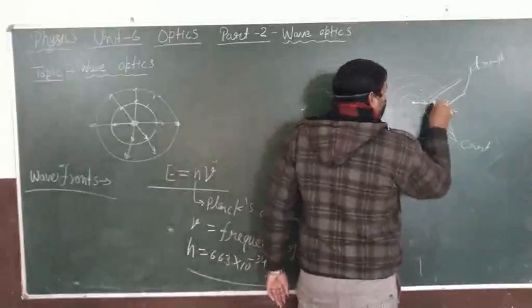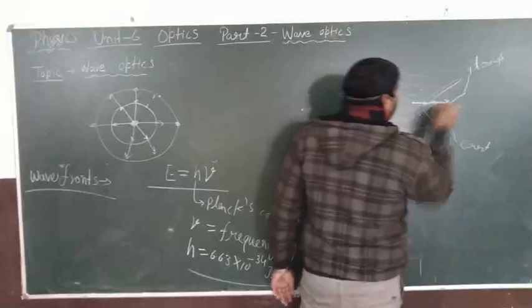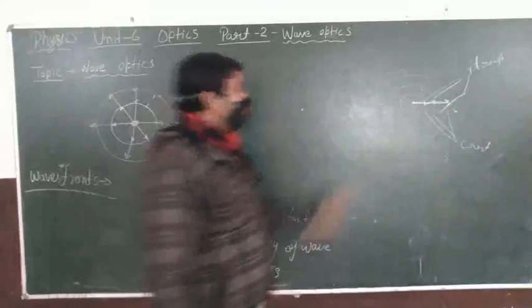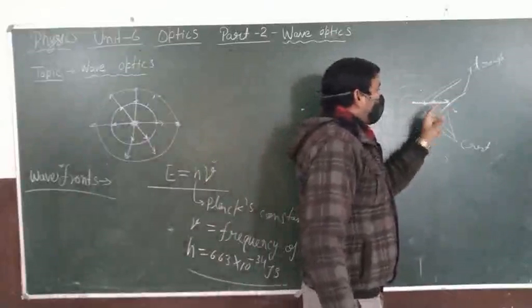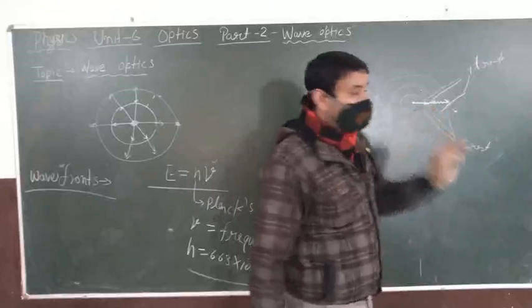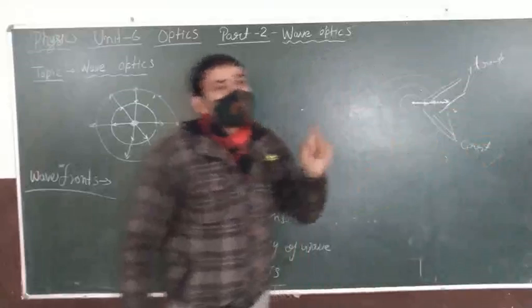These points behave like the crest, and the light is traveling in a straight line, and the point which is pressing the surface is known as the wave.